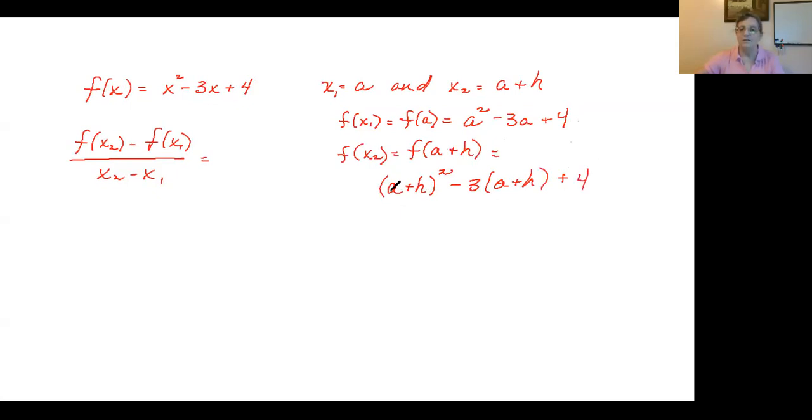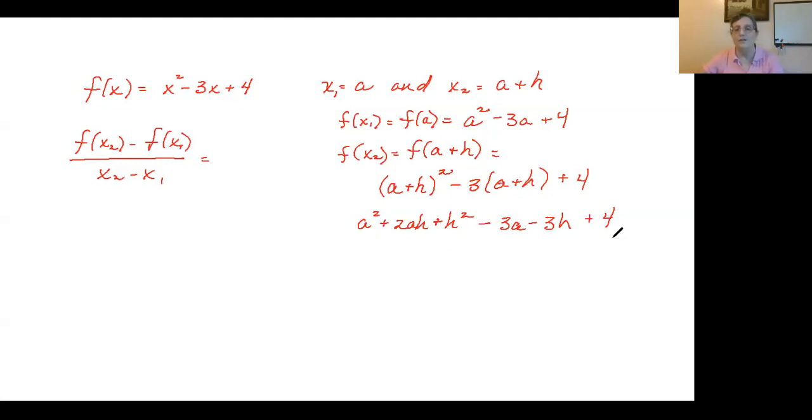When I square this out, it's going to become a squared plus 2ah plus h squared. Remember that this is a plus h times a plus h foiled out, minus 3a minus 3h plus 4.